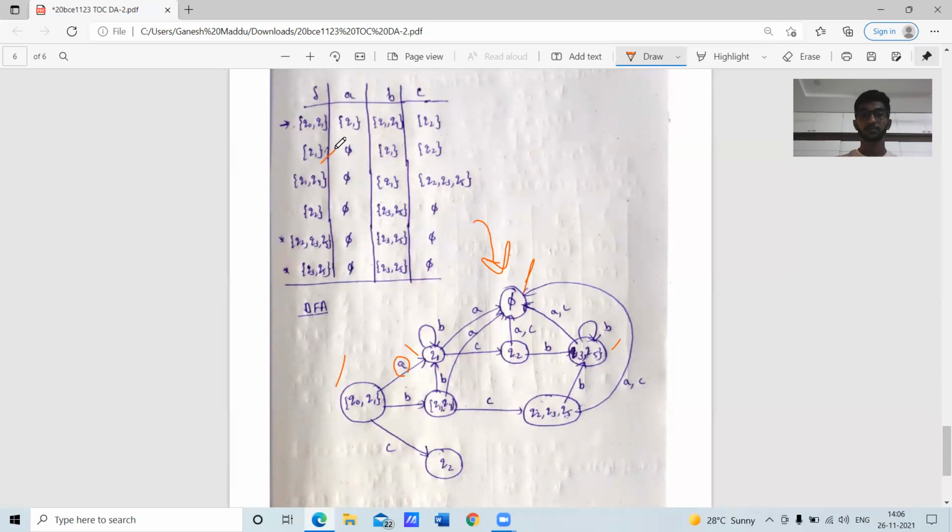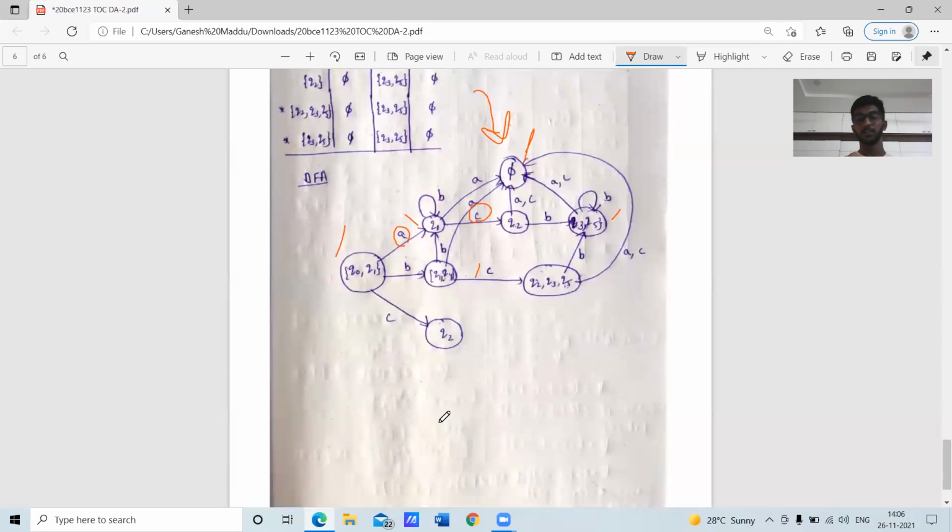From Q1 on A, there is none, so we move to ϕ. From Q1 on B, we are getting only Q1, so a self loop. From Q1 on C, we are moving to Q2. Just include all of that like this.